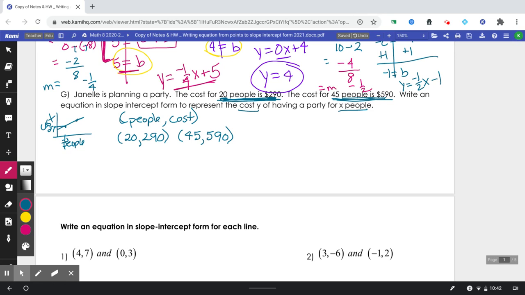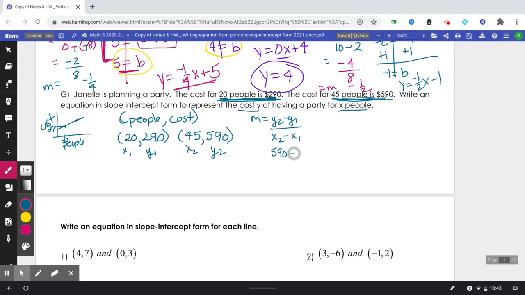Okay, so the first thing that we're going to do is find the slope. We don't have it here, so we're going to have to use our slope formula: y2 minus y1 over x2 minus x1. I'm going to say x1, y1, x2, y2. All right, let's plug in what we know.